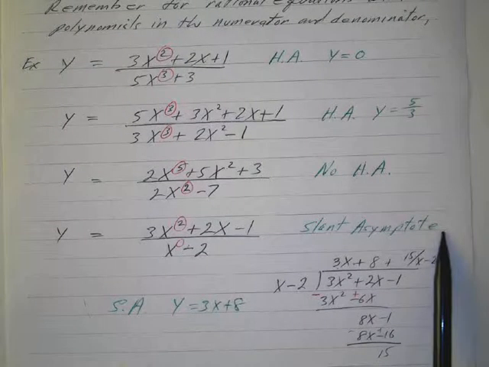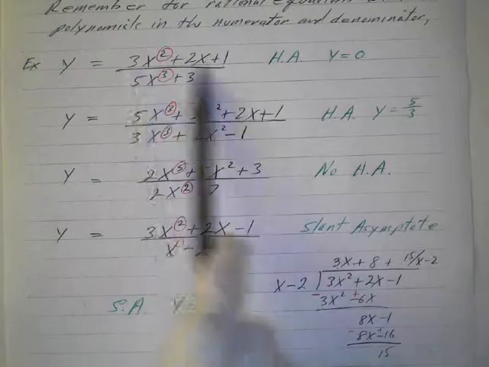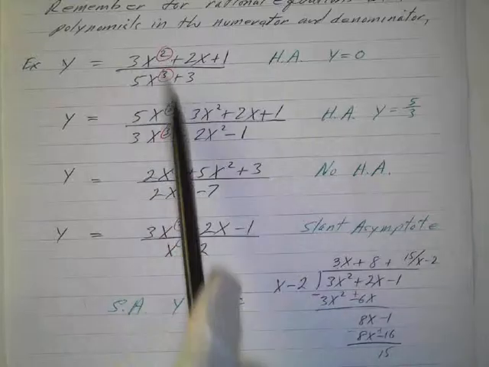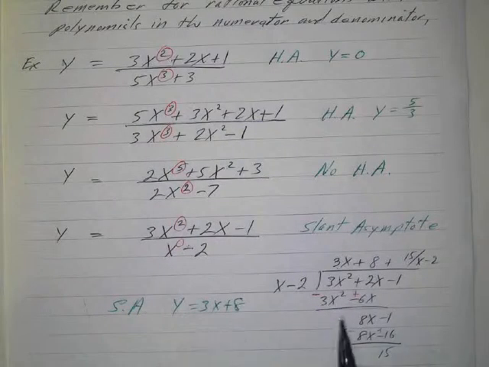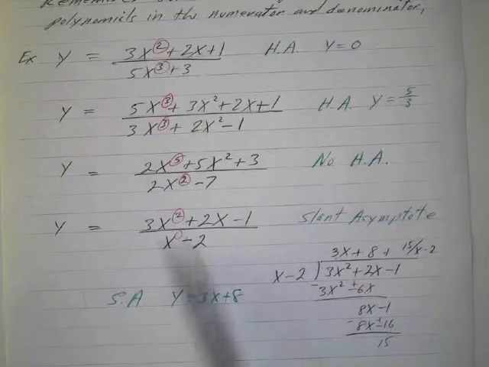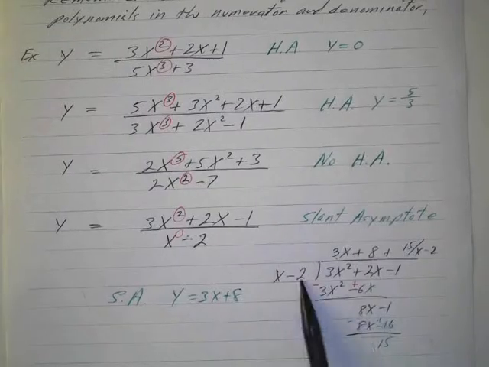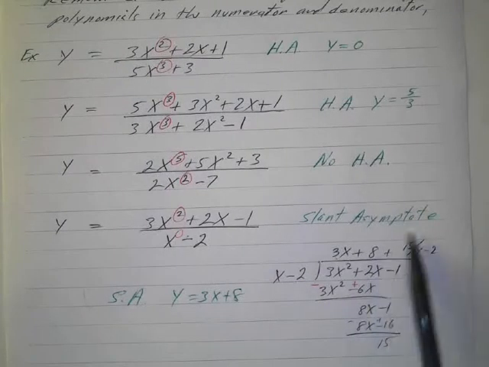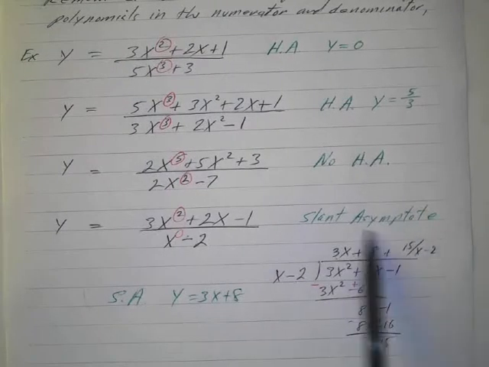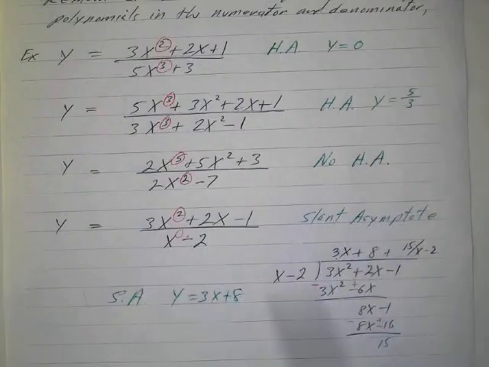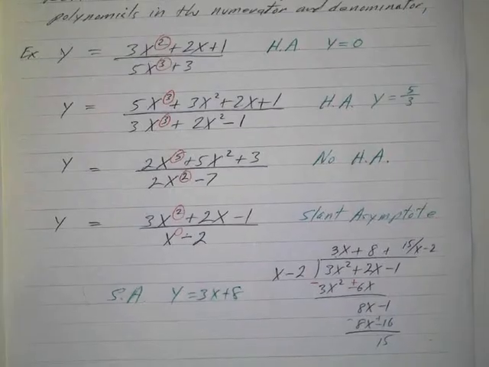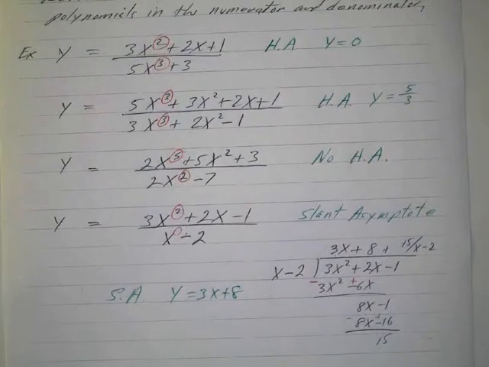You can find it by dividing the denominator into the numerator, omitting the remainder. So y equals 3x plus 8 in this case would be the slant asymptote.